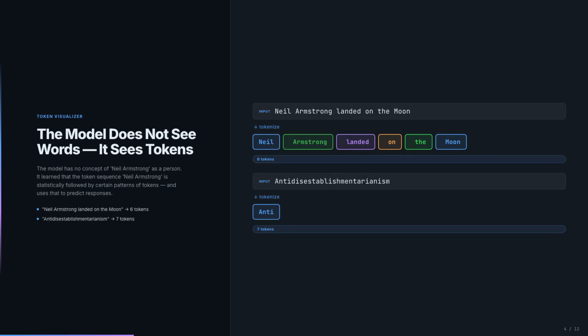Now look at a word like anti disestablishmentarianism. The model has never encountered this word as a whole. It splits into seven tokens: anti, dis, estab, lish, meant, Aryan, ism, and the model processes it as pieces, predicting what typically follows each piece based on the training patterns it absorbed.